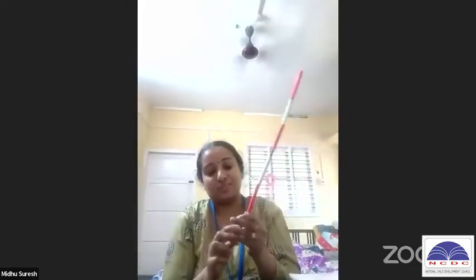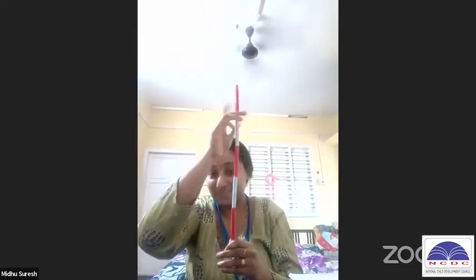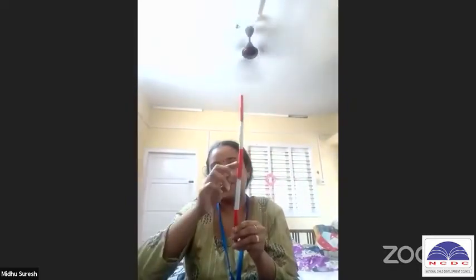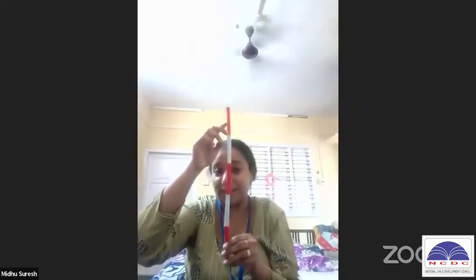So again she will take this: 1, 2, 3, 4, 5, 6. Is this matching? No, ma'am. Again, the next: 1, 2, 3, 4, 5.